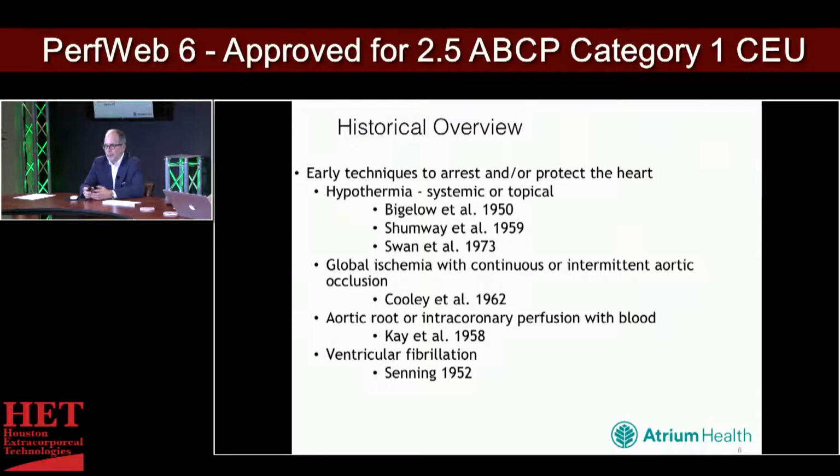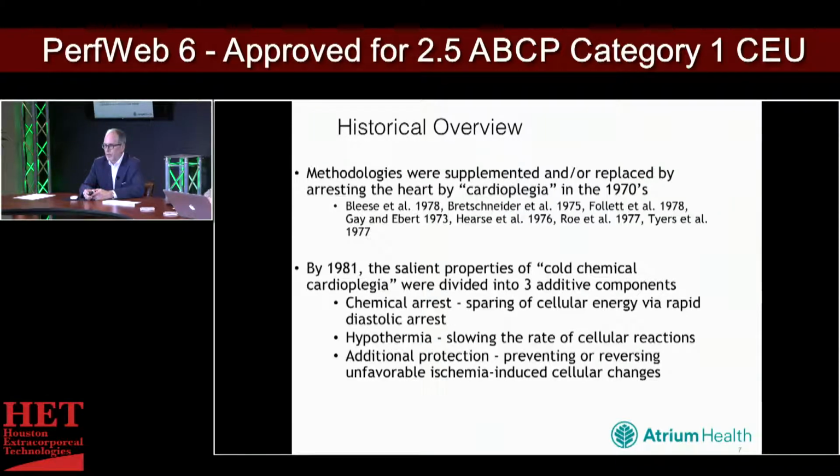Global ischemia with continuous or intermittent aortic occlusion was popularized in the early 60s. But along that time, people also started to look at aortic root or direct coronary perfusion with blood. Ventricular fibrillation was also utilized, but none of these were perfect, and none really solved the myocardial protection strategy.